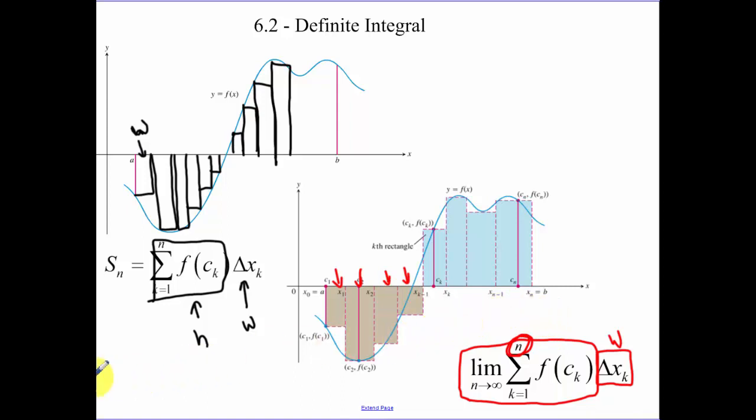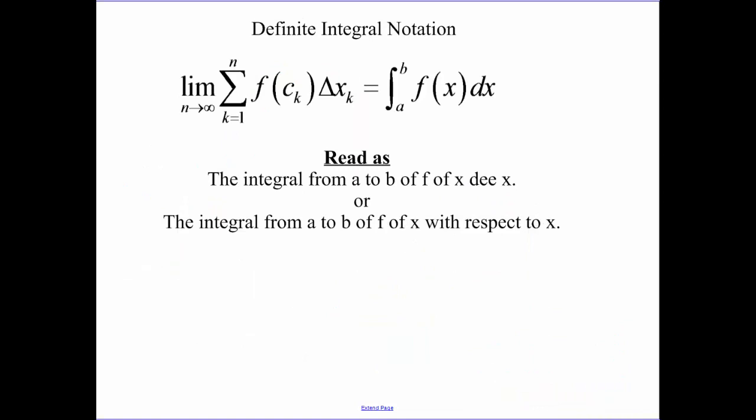And what do we get when we get that? We get the area under the curve, or our all-important integral. So when we take the limit of a sequence here of this sum where n gets bigger and bigger and bigger, making our width smaller and smaller and smaller, we get this notation.